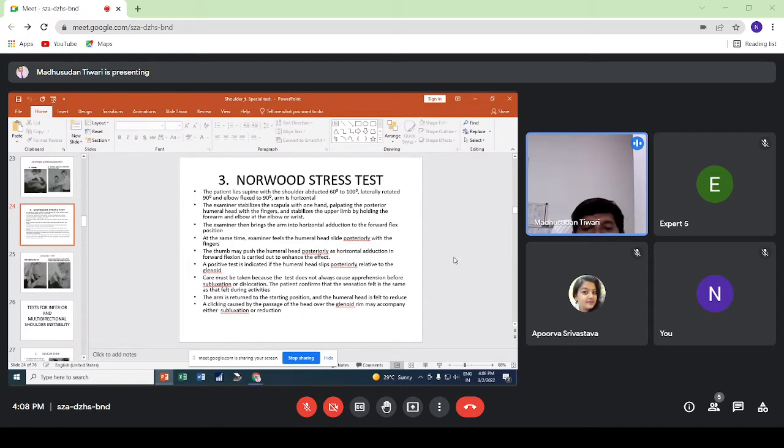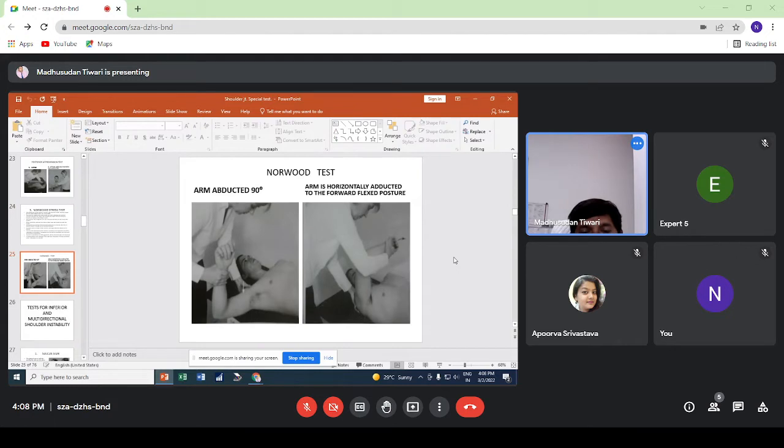The thumb may push the humeral head posteriorly as the horizontal adduction in forward flexion is carried out to enhance the effect. The positive test is indicated if the humeral head slips posteriorly relative to the glenoid fossa. This test will be known as Norwood stress test. You can go through the Magee orthopedic assessment book. In that book, all procedures are mentioned.